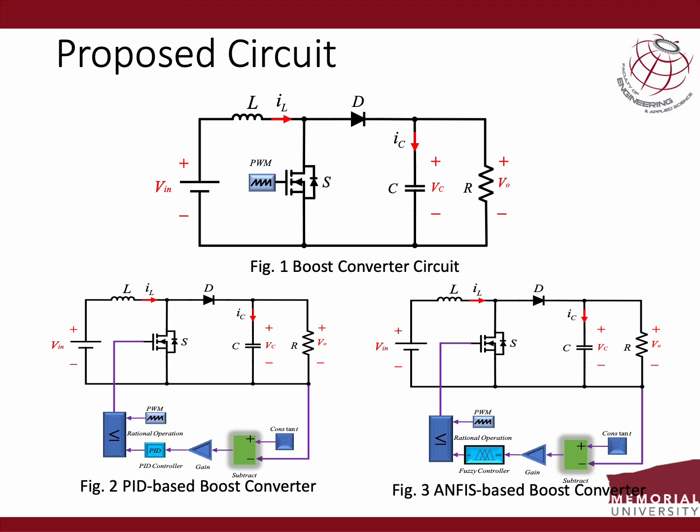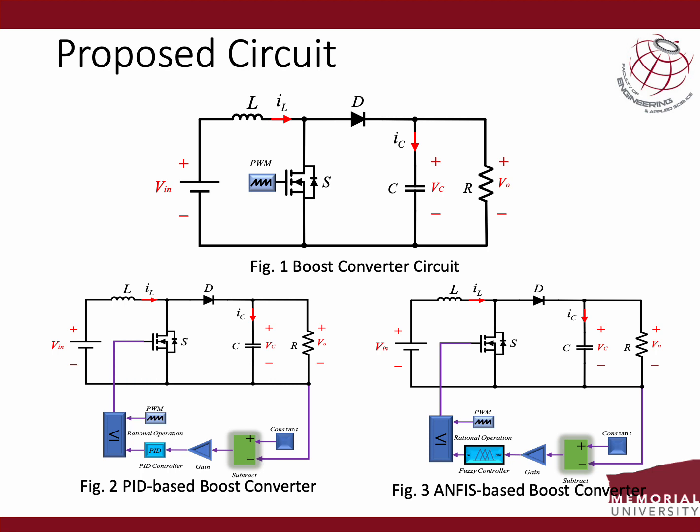Here in our project, we have 12 volts and we want to attain 20 volts through these three processes to see which gives an effective result. Now the third one is, after we run the closed loop using a PID controller, we are going to retrieve the data from the tuned PID controller, and we will use that data to train the ANFIS controller.